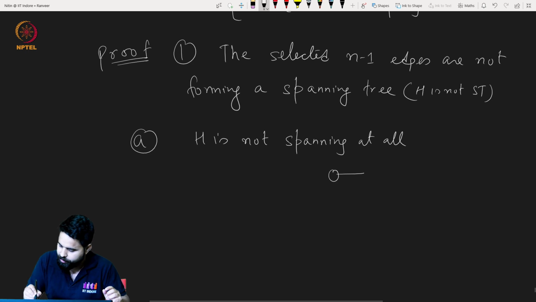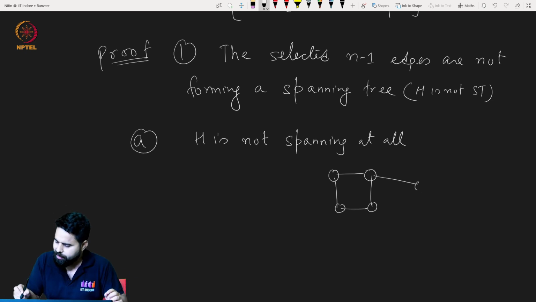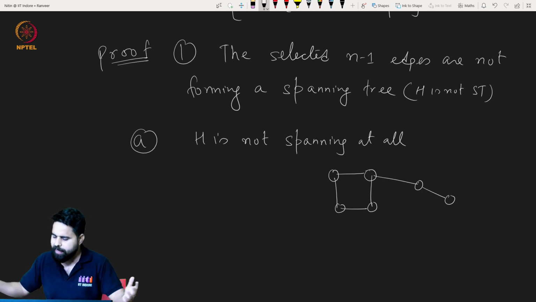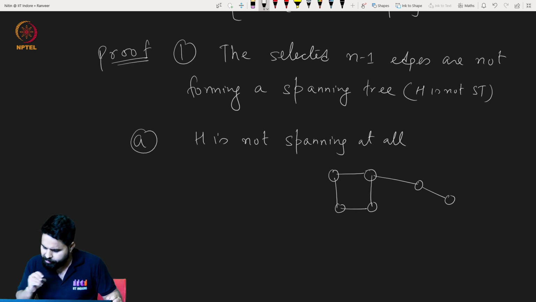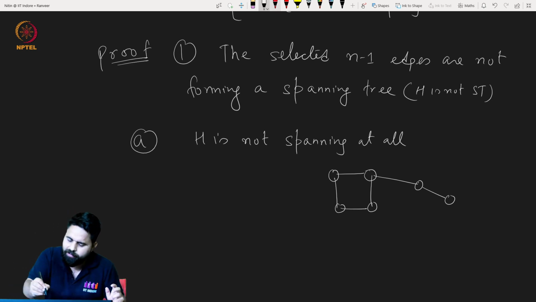For example, let us take the same graph here. Maybe I can take a slightly bigger one also. There are 6 vertices, and let us take some 5 edges. Suppose we take these 5 edges, 1, 2, 3, 4, and 5.